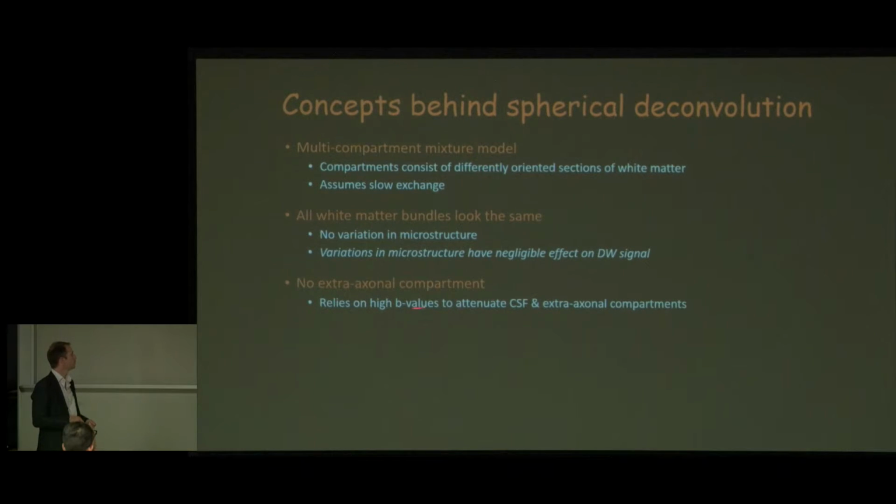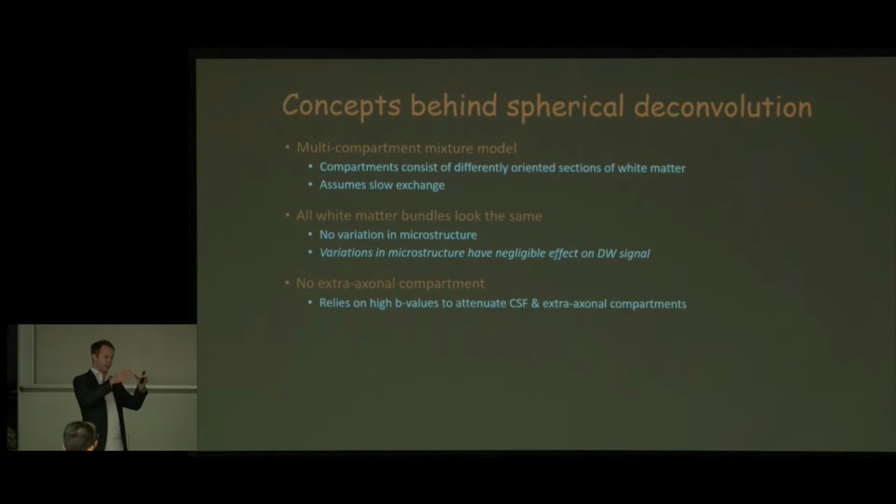The other thing is that we assume that there's no extra-axonal compartment, and that's because we rely on these high B values to get rid of them. In practice, a lot of people use spherical deconvolution with lower B values, like B1000 or something, where the extra-axonal compartment is still there. That's not such a big deal as long as the response function that you measure includes that compartment within it. So now we're not looking at the signal as a compartment which is intra-axonal and an extra-axonal compartment.